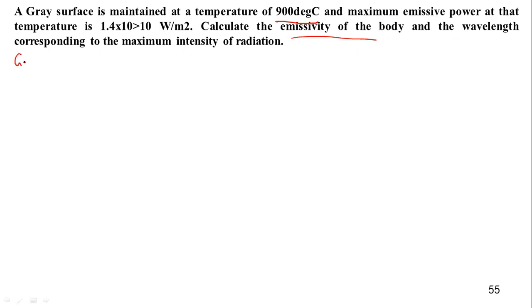To start the problem, the surface temperature is given. T is equal to 900 plus 273, converting it into Kelvin, we get 1173 Kelvin. Then the maximum emissive power is also given.